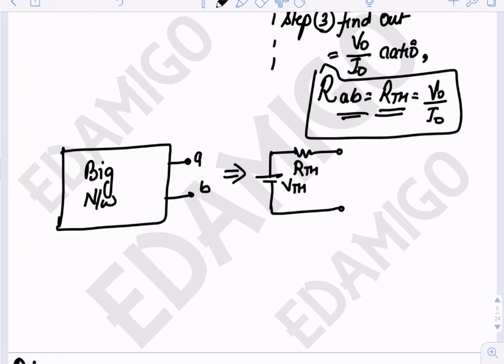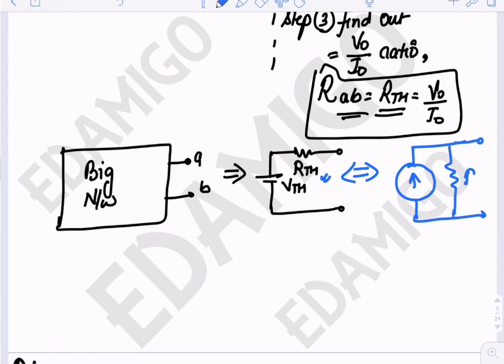Now, as we know what source transformation is, using source transformation we can convert this into a parallel combination of a current source and a resistance. The resistance will be RTH and the current will be VTH upon RTH. So this is actually the Thevenin equivalent.